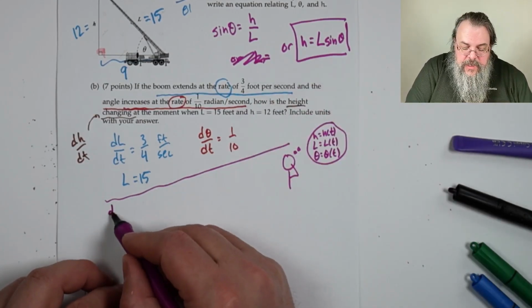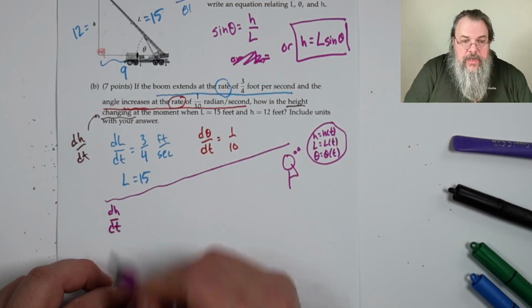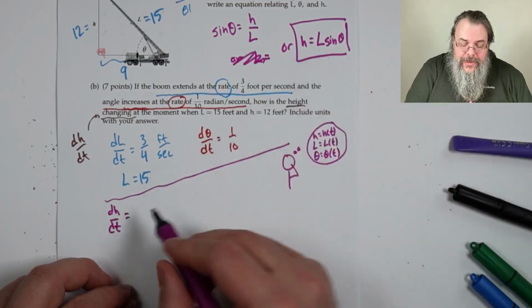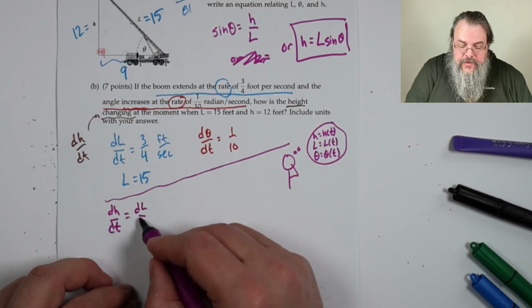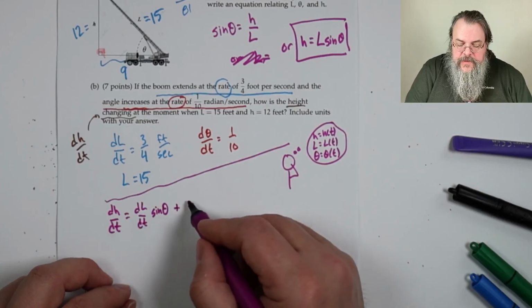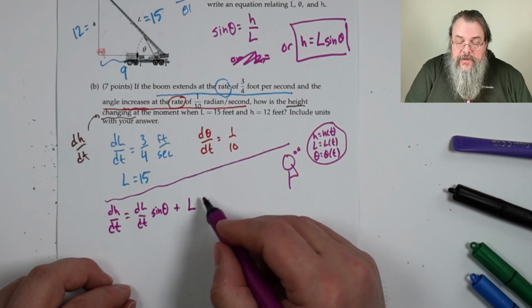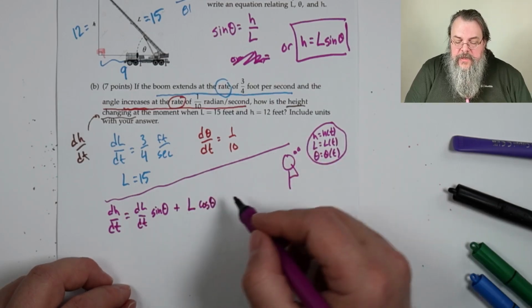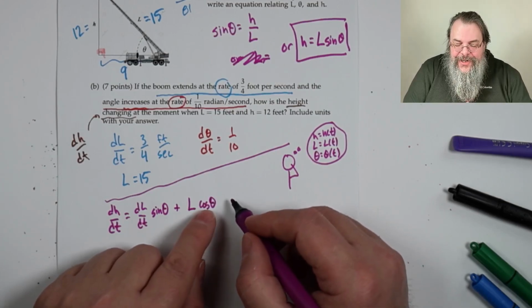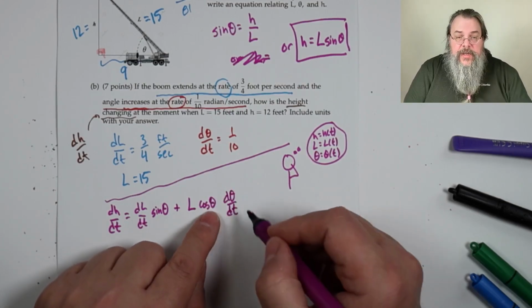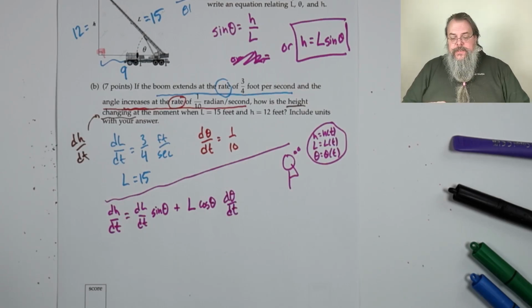We get dh/dt is equal to, product rule, the derivative of the first, dL/dt, times the second, plus the first, L, times the derivative of the second. Derivative of sine is cosine theta. Chain rule that, and derivative of theta is d theta/dt.